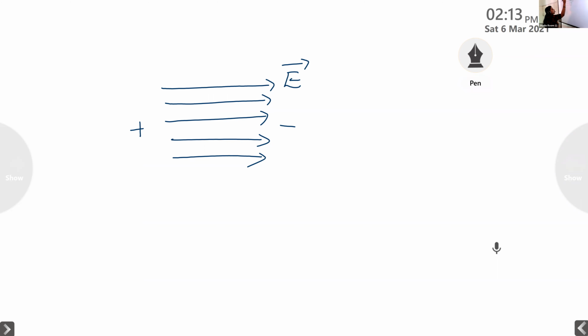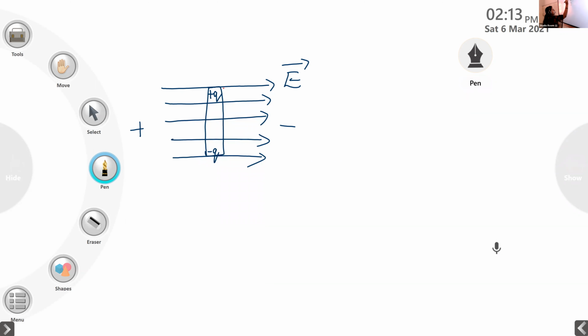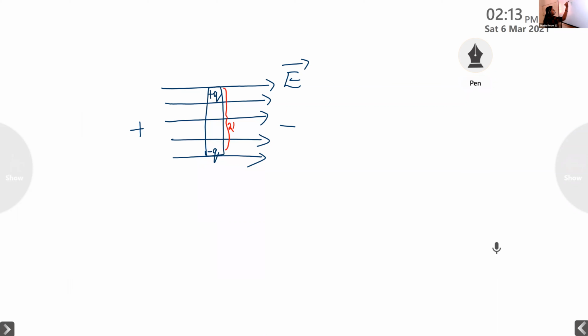So draw a uniform electric field and now we are going to place an electric dipole inside it with the two charges plus Q and minus Q, separated by a distance 2L.